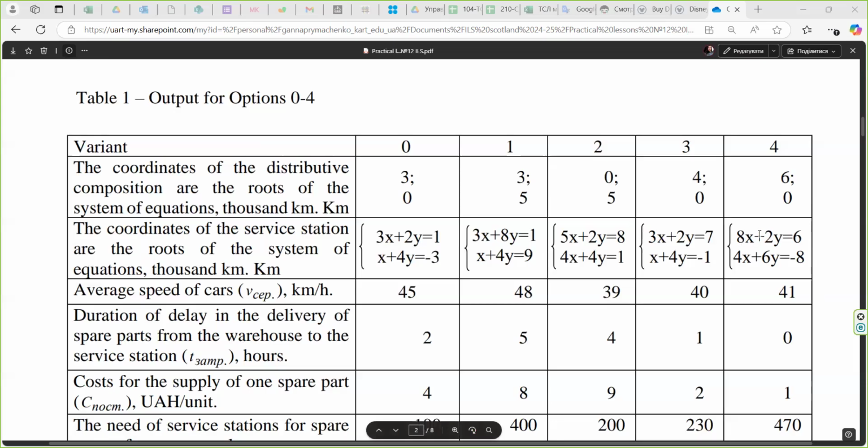It is 8x plus 2y is equal to 6, and the next, 4x plus 6y is equal to minus 8. And it is a system. You can use any type of calculation for these systems that you remember. Everything you want.